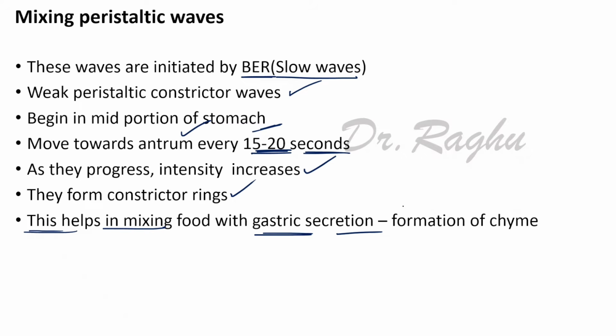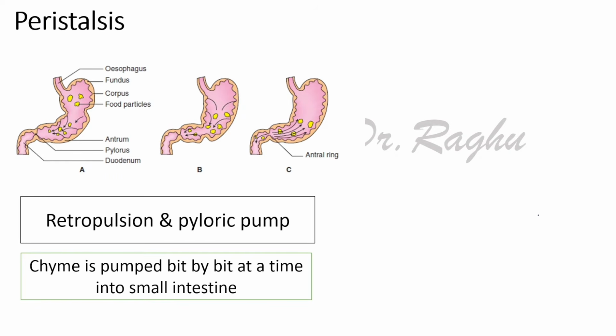And when food mixes with the gastric secretion, it results in the formation of chyme. So remember that the most important function of mixing peristaltic waves is that they help in mixing the food with the gastric secretion.